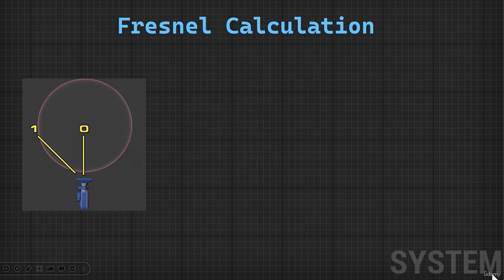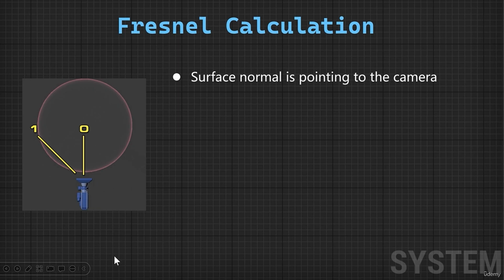Alright, now that we understand the different normals, we can use those to help us understand the Fresnel calculation. So how is this rim lightening achieved for Fresnel effect? So basically, it takes 2 factors into account: the surface normal of this object and the facing vector of our camera. So when the surface normal is pointing straight at the camera, we'll get no Fresnel effect.